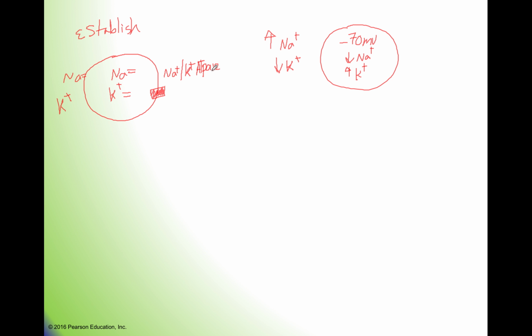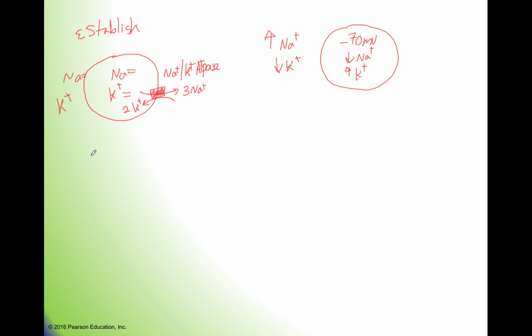It is a type of channel that uses ATP to move sodium out and potassium into the cell. It moves 3 sodium out and 2 potassium into the cell.